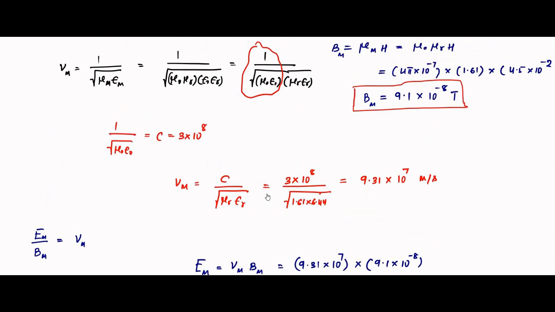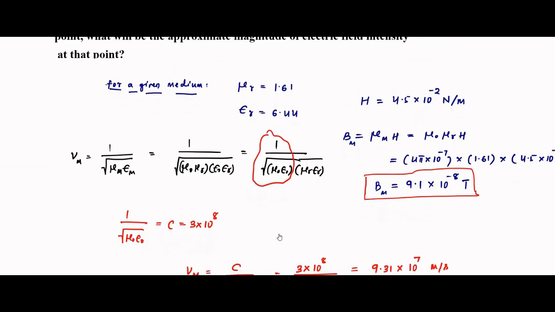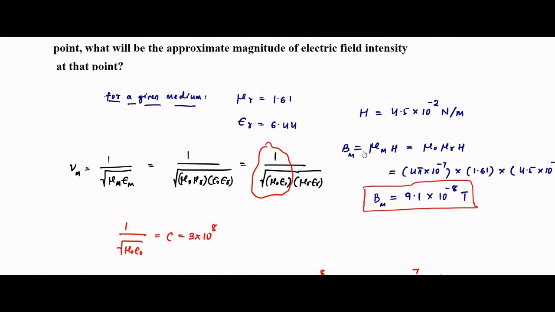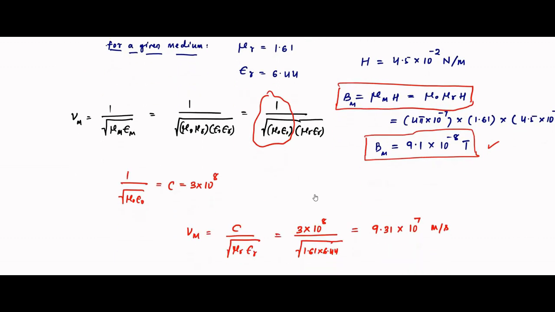So here so many things were interrelated. First, using the formula Bm is equal to mu m H or mu 0 mu r into H, we calculated the magnetic flux density at that particular point in the medium. This is the first thing we got. Then using the relationship for the velocity of electromagnetic wave in terms of the permeability and permittivity, we calculated the velocity of the electromagnetic wave.